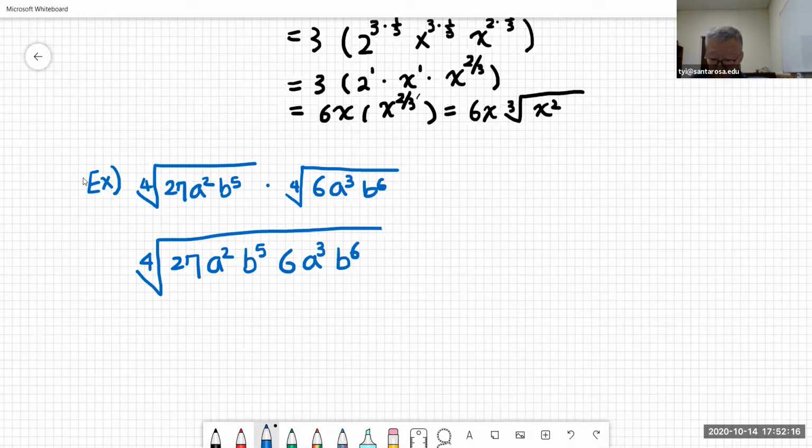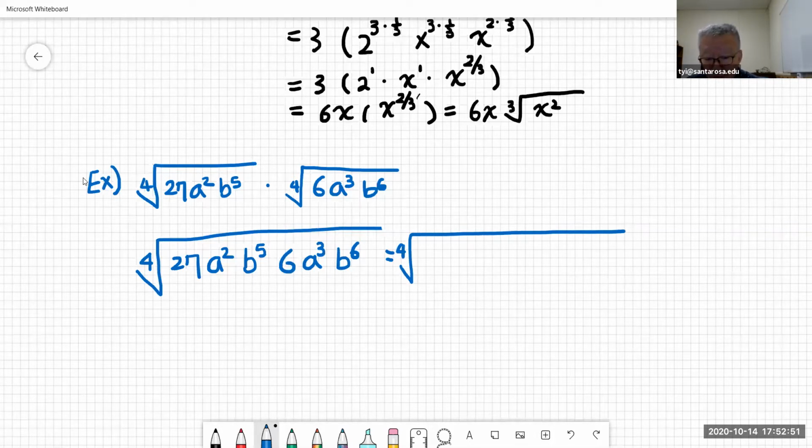Now we need to look at how we're going to take care of it. Remember that this is the fourth root. So whatever we do, if it's possible, we want to put the exponents in factors of 4. So if I rewrite this, let me look at the 27 first. I am going to rewrite it in base 3.